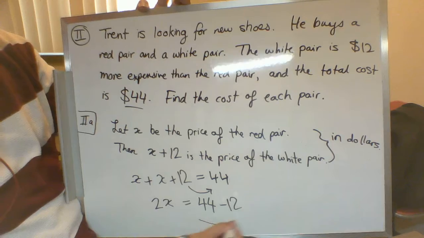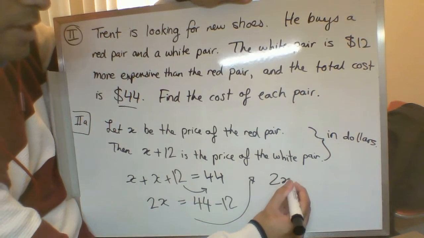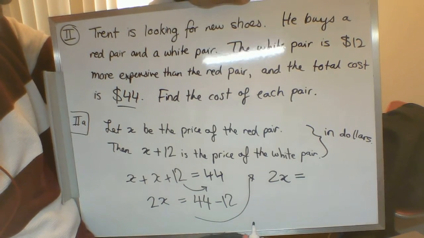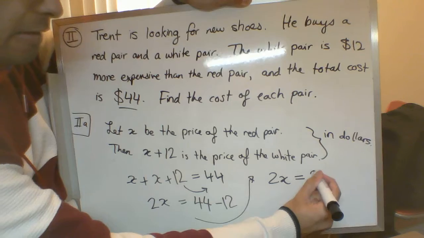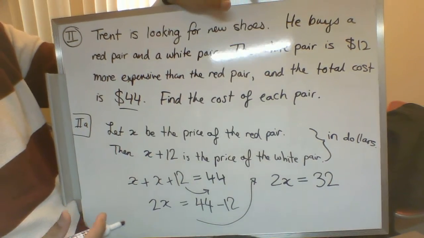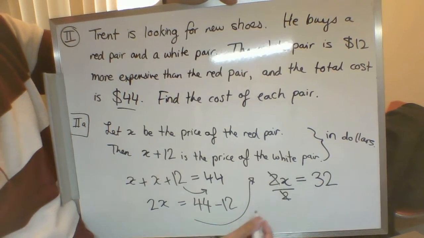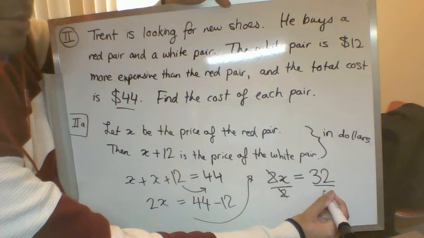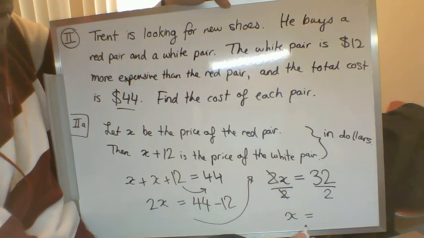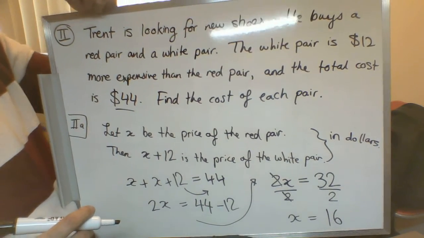So then we've got 2x is equal to 44 minus 12, that's going to be 32. I'm hoping I've done my math right. And then to get to x, we just have to divide this side by 2 so that we can have those 2's disappear, and then we'll divide the other side by 2 as well. That'll leave us with just x on the left. And 32 divided by 2 is going to be 16 on the right.